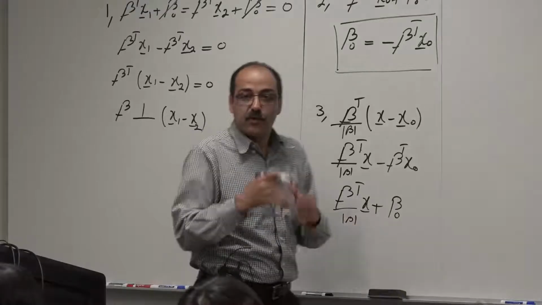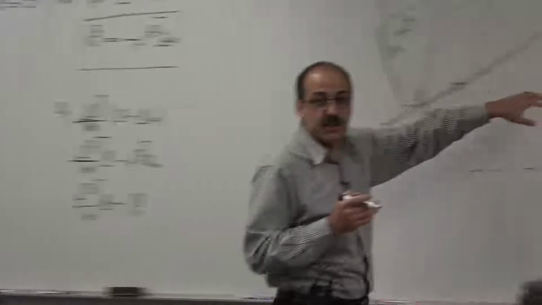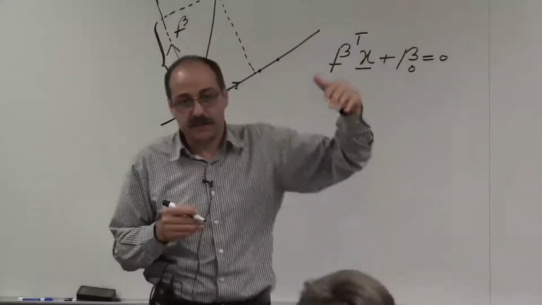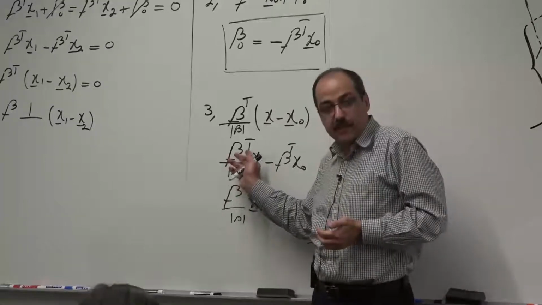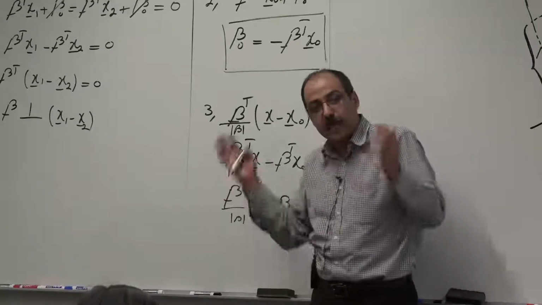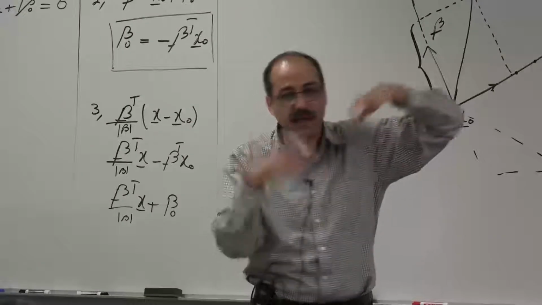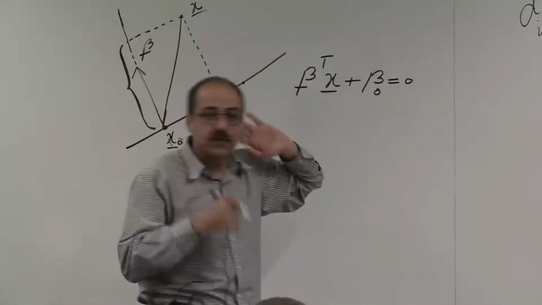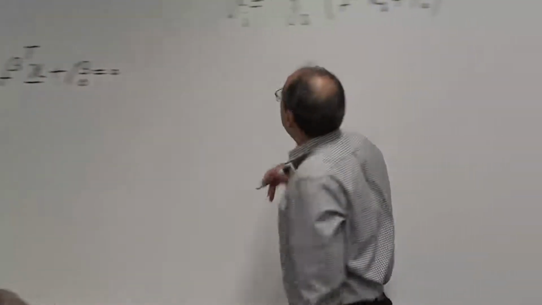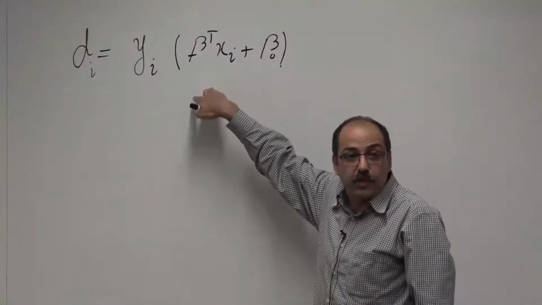Everything needs to be normalized. But I simply assume that these betas are normalized. Whatever the beta is, divide beta transpose by the norm of beta, I call it beta. But you're right, it's supposed to be normalized.